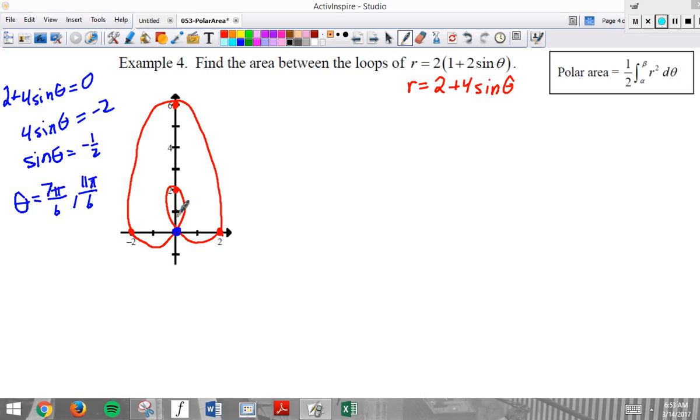At pi over 2, we said we were here. Oh, that was a bad idea. I'd be getting these spokes. So at 7 pi over 6 for this guy, we know we're getting towards 0. But you may have noticed that we went through here. But now I'm back at the pole at least. So I'd have all of this area.